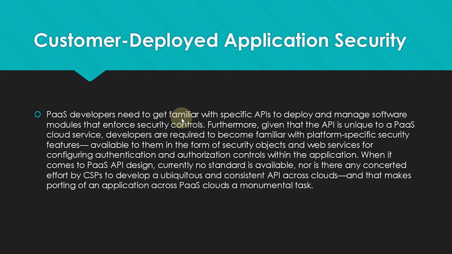So if you use any language, you may communicate with the software with the help of an API. So any PaaS developer must know about the APIs which are responsible for enforcing the security controls. Means he must know about all the security APIs.